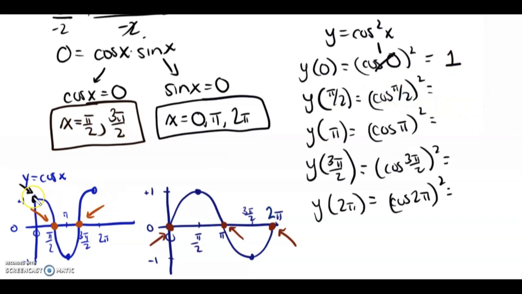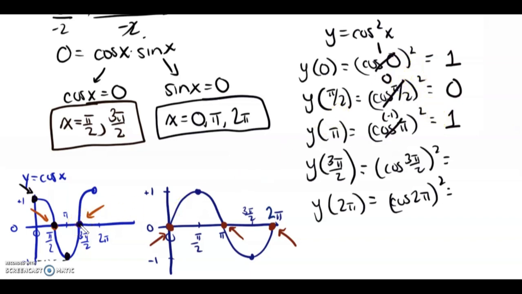Now, cos of pi by 2 is 0. So this is 0, and 0 squared is 0. Cos of pi is negative 1. So if this is negative 1 and we square it, we again get 1.